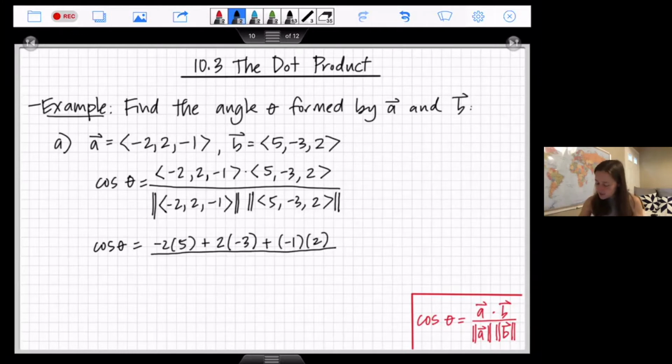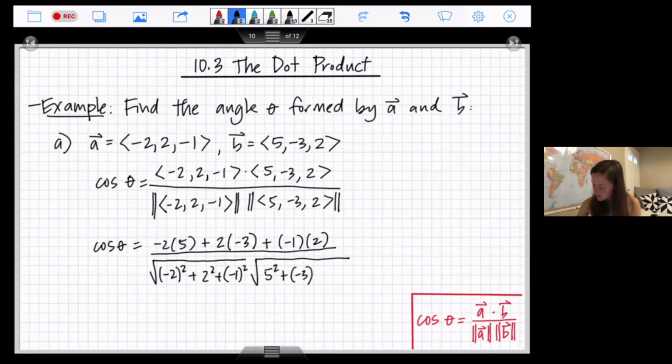Both of those magnitudes are going to need a big square root sign down here. Remember, we just square each component and add together. So -2 squared plus 2 squared plus -1 squared. And then in the second one, 5 squared plus -3 squared plus 2 squared.